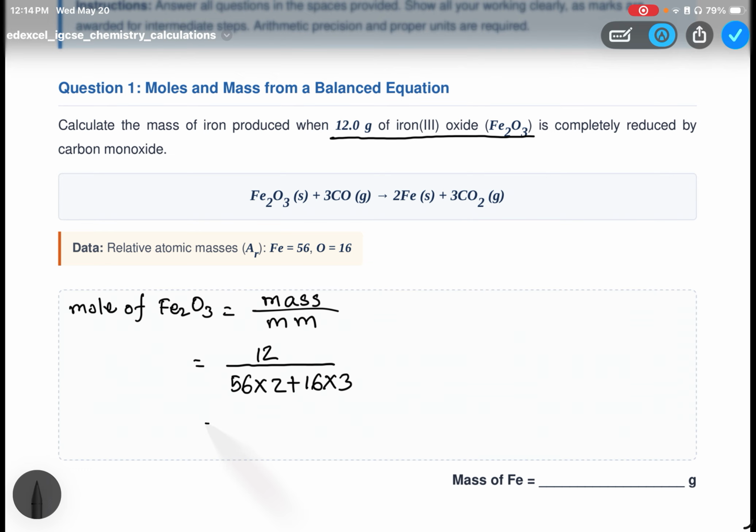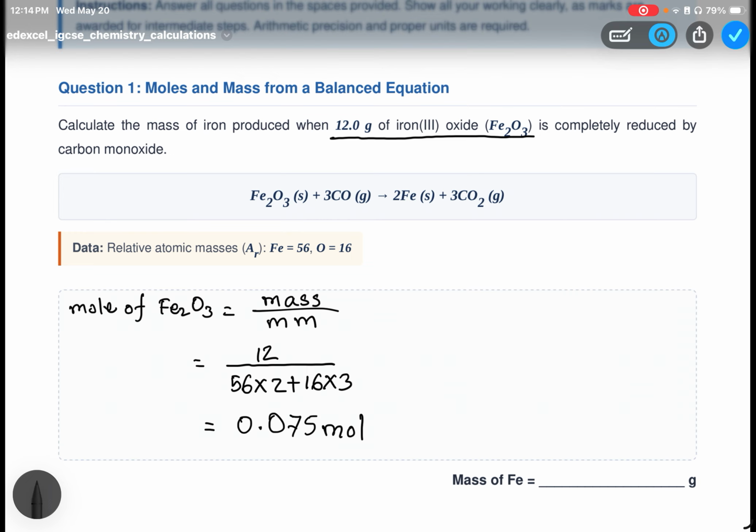And if we do this calculation, what do we get? Let me do it on a calculator and then come back to you. Sorry, my bad. The answer is 0.075 mole.